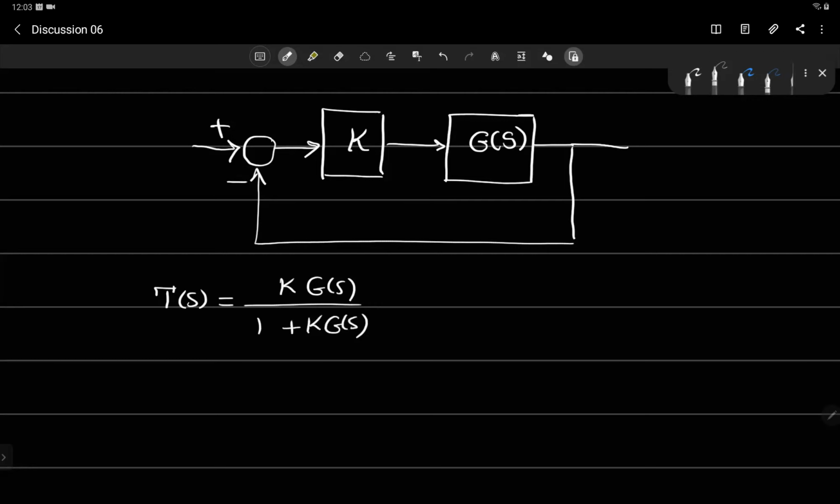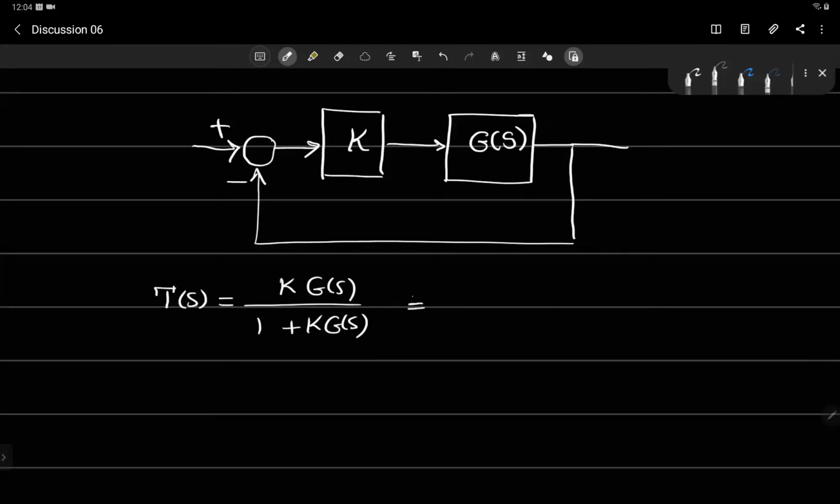This is the closed loop transfer function, and we would like to determine how the poles of this transfer function change as we increase the gain k from 0 to infinity.